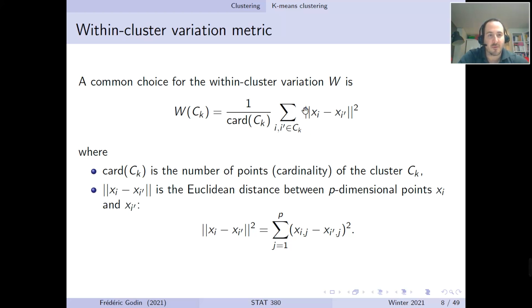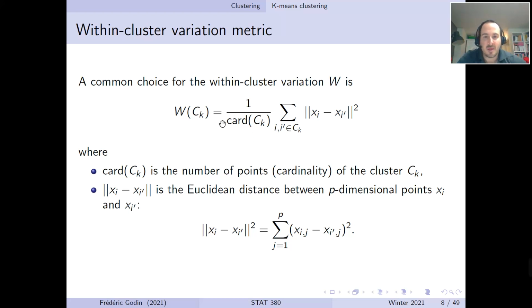Here we have only one summation symbol, but it's indeed a double summation where we sum over all i's and all i primes of the squared Euclidean distance between point xi and xi prime.